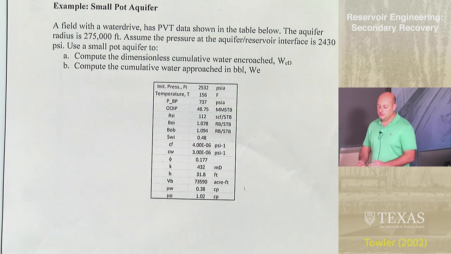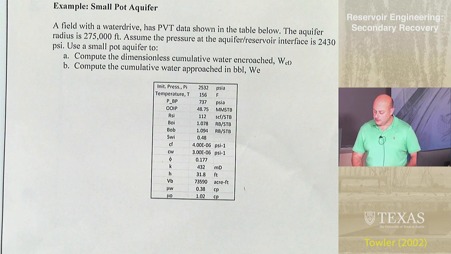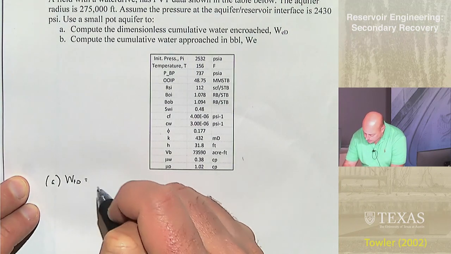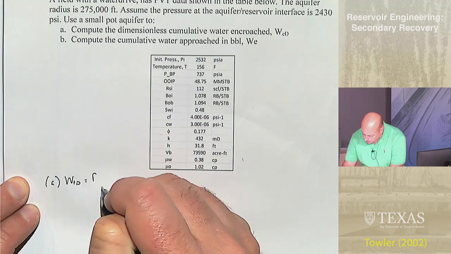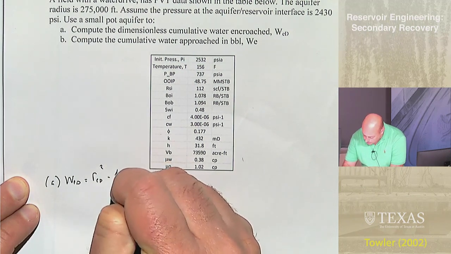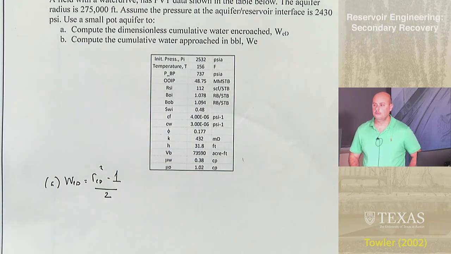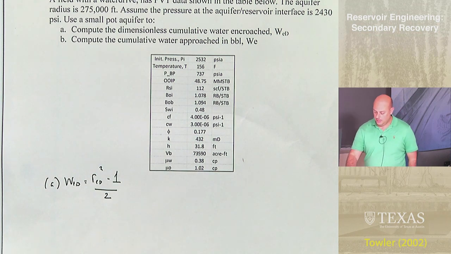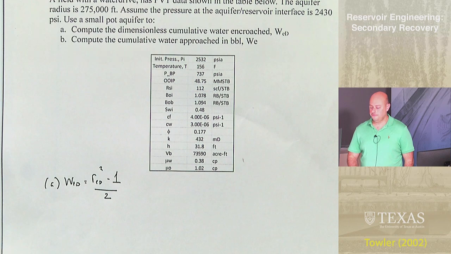And I say use a small pot aquifer to compute the dimensionless cumulative water encroachment, WED. So we just learned that WED is equal to RED squared minus 1 divided by 2. So that's a simple equation, but what we need is RED, which we don't know.